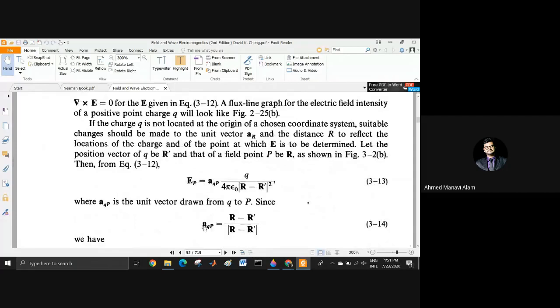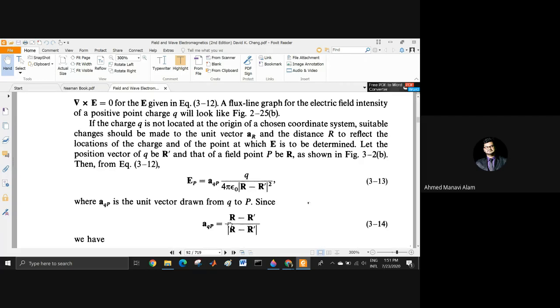So this AQP I need to substitute. How can you substitute? What is my unit vector? Whenever you divide a vector quantity by its magnitude, you get the unit vector, isn't it? By definition. So in the AQP direction, the vector is R minus R prime, and the magnitude is modulus of R minus R prime.